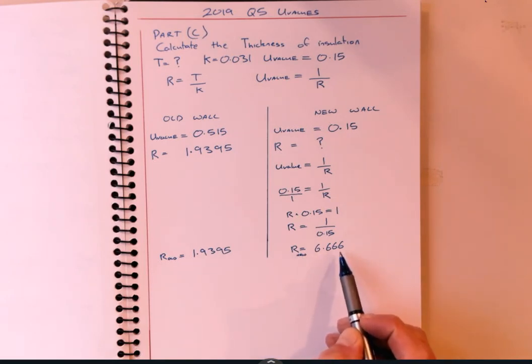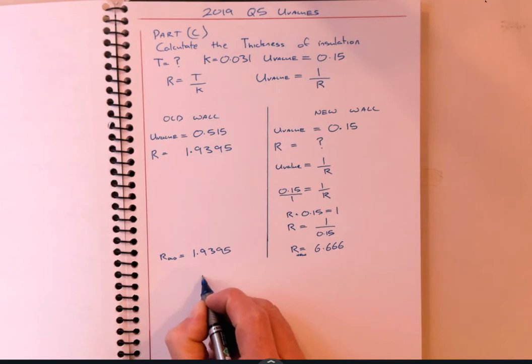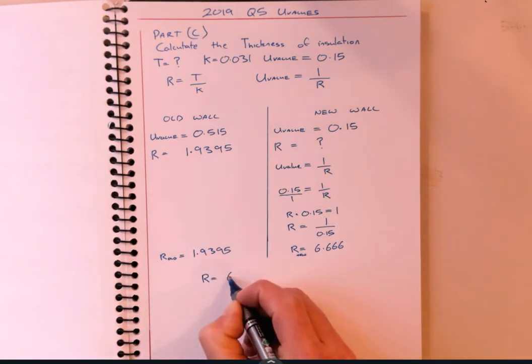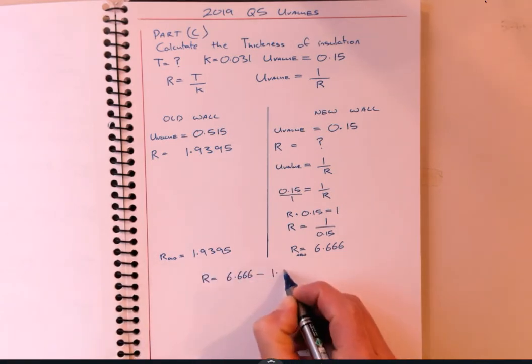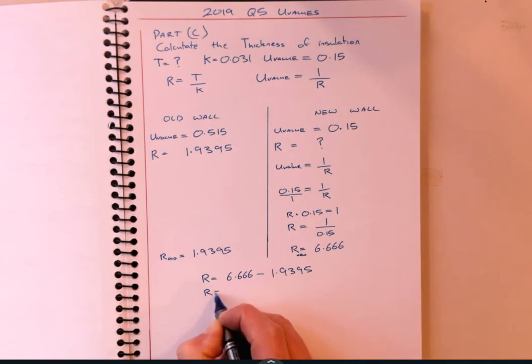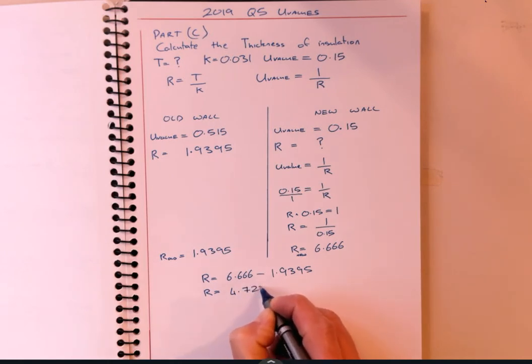So we want to find the difference between the two. In other words, how much resistance are we going to stick on? To figure that out, we just subtract the two. So the big one, 6.666 minus 1.9395, and our R calculation, the resistance that we need to stick onto the wall is 4.7271.